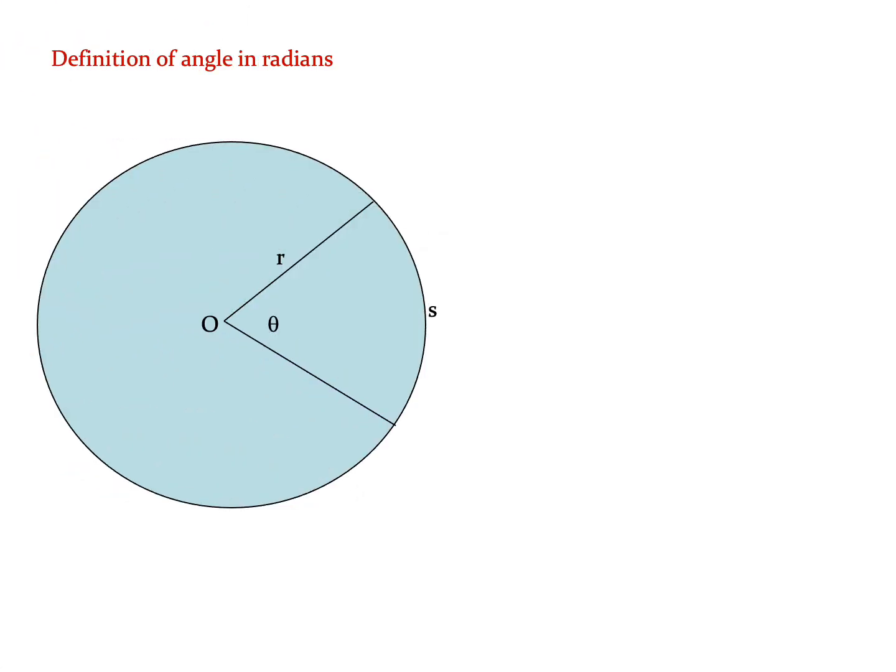Right, so let's define what we mean by a radian. We're going to define an angle in radians. So we begin with a circle, center O, as you can see. It has radius r. And what we're going to do is draw 2 radii which encompass an angle theta, as shown.